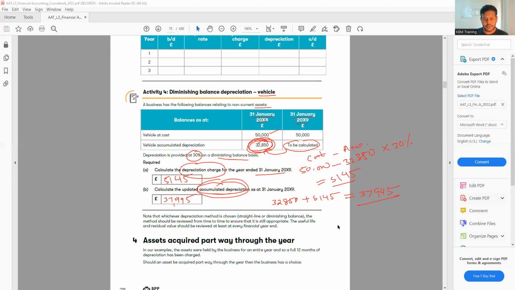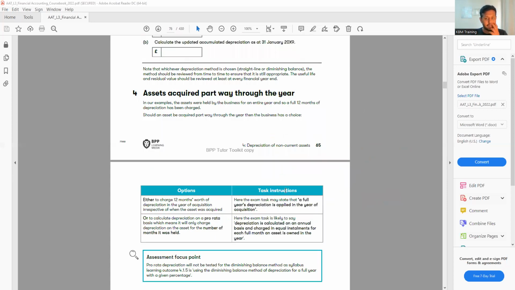The next section we can see here is an asset acquired part way through the year. So what happens if the asset is bought not at the beginning of the year, but maybe in the middle of the year, or before the year end, or 6 months after the year has started? For example, let's say my financial year is January to December.